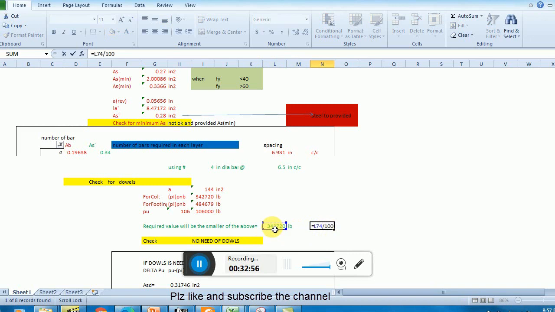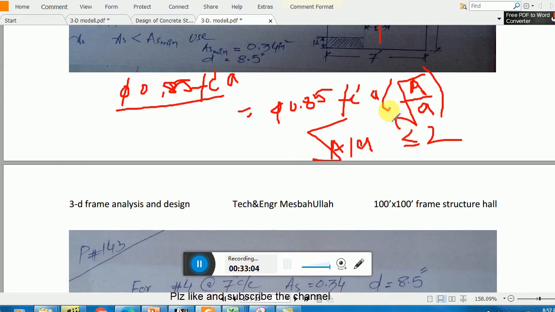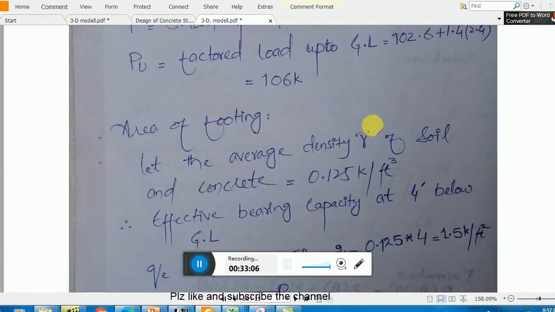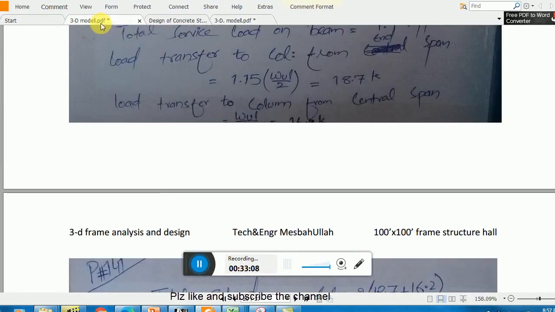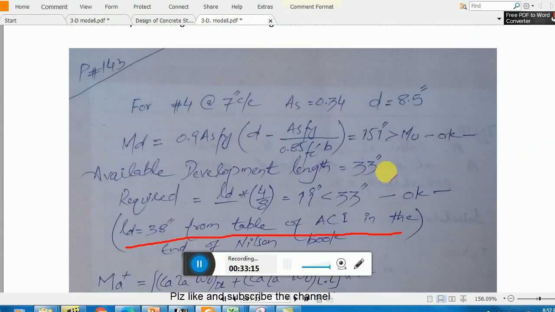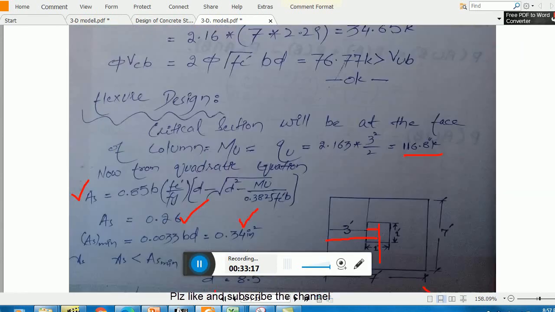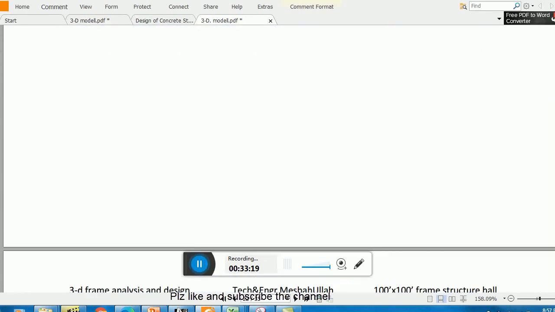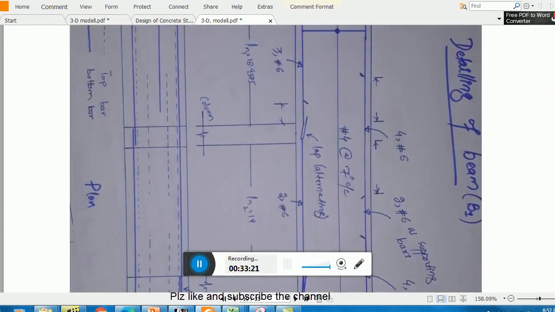So I am converting this from pounds to kip, divided by 1000, and let's see, 342. So 342 is more than 106. That's why the bearing capacity of our column is more than the required one, that is 106. So practically we need no kind of dowels.